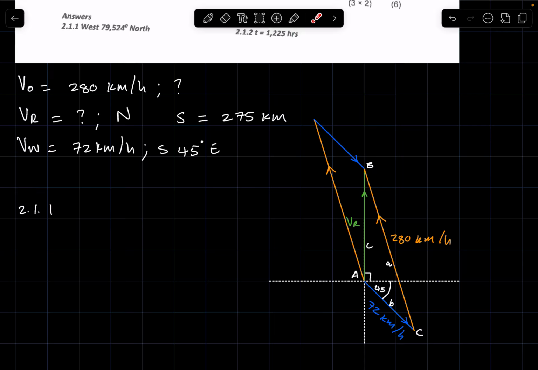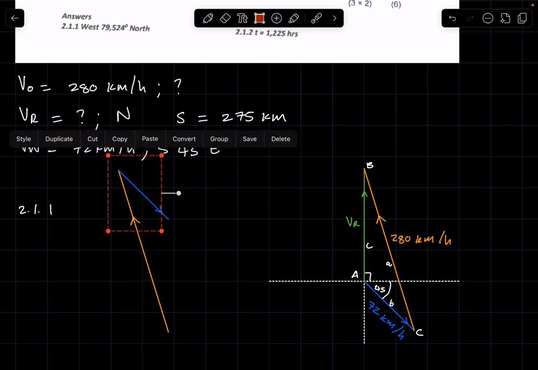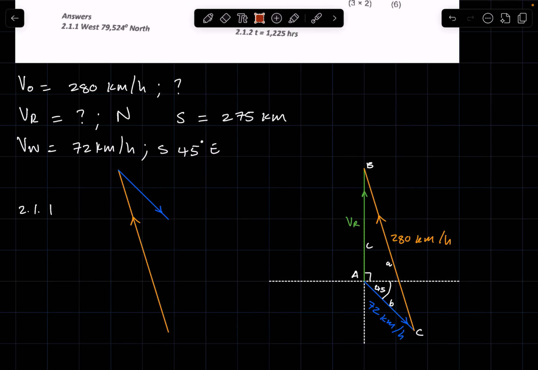So essentially the direction that they're looking for is this one here. With direction, you have to calculate the angle, and your angle must be referenced from an axis, be it the x-axis or the y-axis. Remember here that we do not have this.